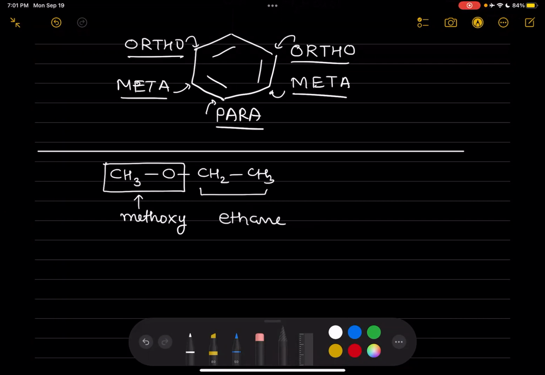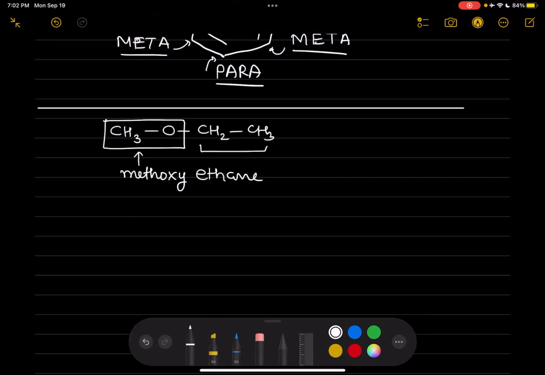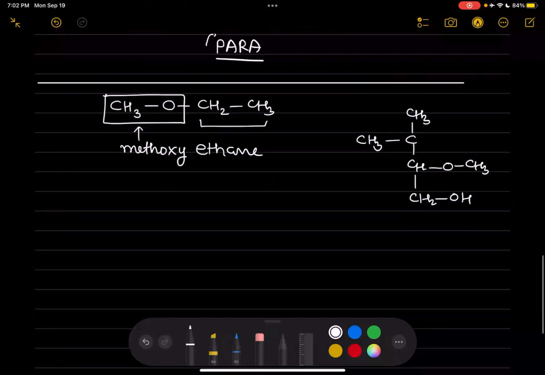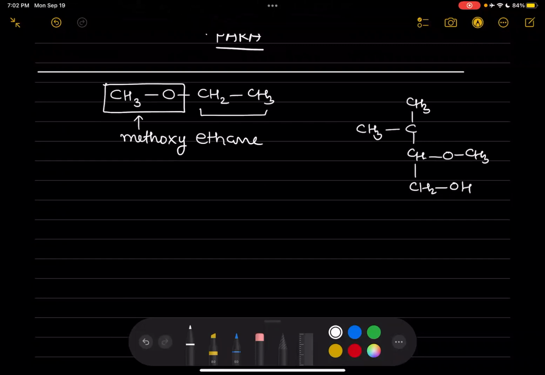Is it clear? Here also you need to select the longest chain. Now what's going to be the IUPAC name of this compound? Methoxy, 3-methyl butanol.